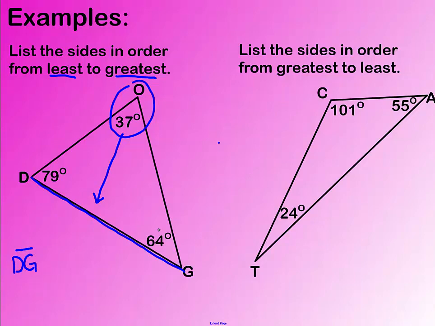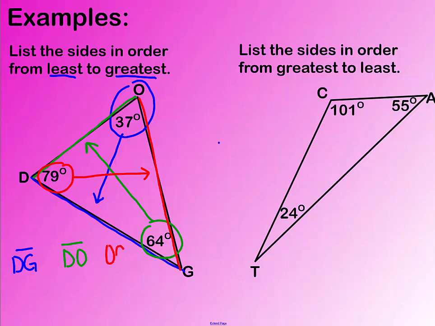The next smallest angle is 64, so I'm going to go across from that angle, and I get DO. And finally, the largest angle is across from OG. So from least to greatest, the sides are DG, DO, OG.